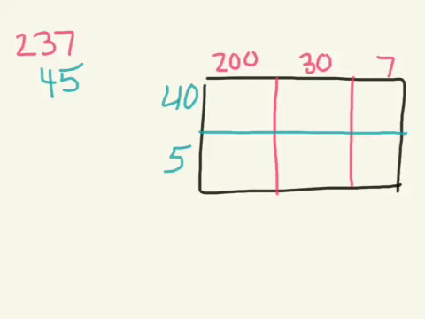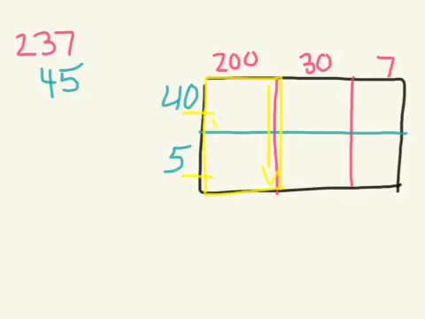So as 200 comes down, this whole space is meant for the 200. And right here we have 200 times 40 and 200 times 5. And we're going to do that for 200, 30, and 7. So let's just go through and hopefully it'll make sense.